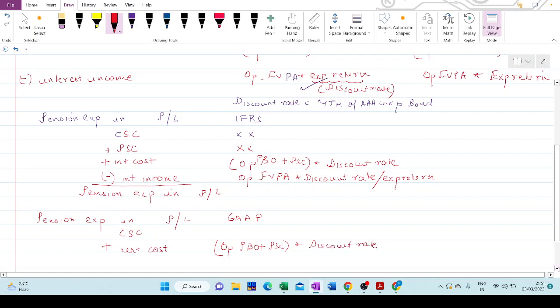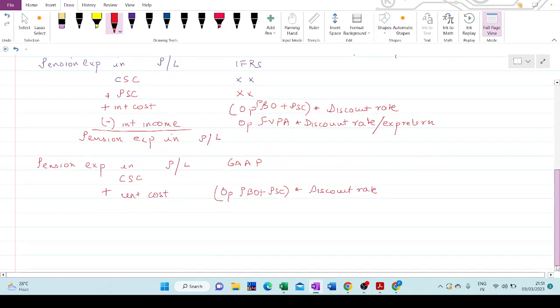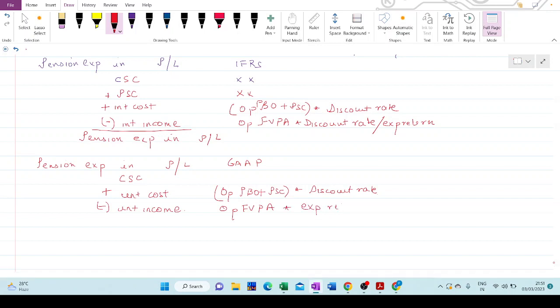So the calculation of interest cost is the same under GAAP and IFRS, but calculation of interest income is not. It differs, right? Interest income is calculated as opening FVP into expected return, right? So we'll write under GAAP, employer gets to choose the expected return.